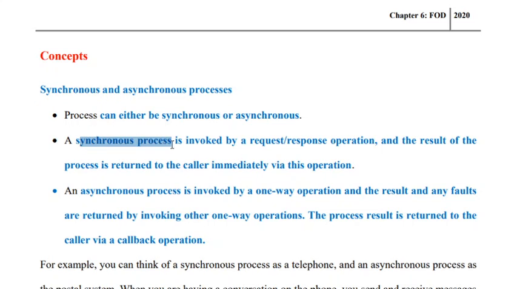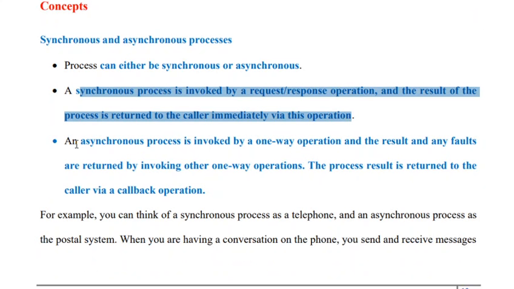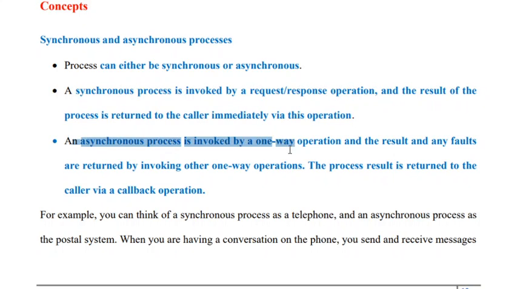So a synchronous process is invoked by request and response operation, where the result of the process is returned to the caller immediately via this operation. So it takes place in time. Whereas an asynchronous process is invoked by a one-way operation, and the result and any fault is returned by invoking another one-way operation.